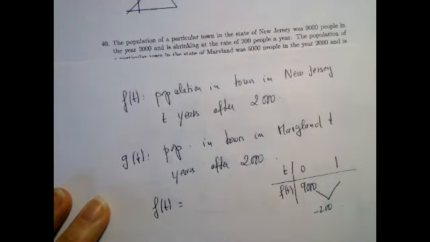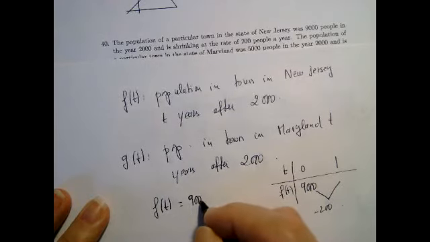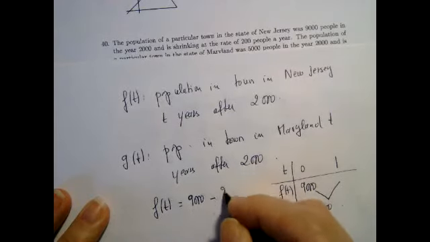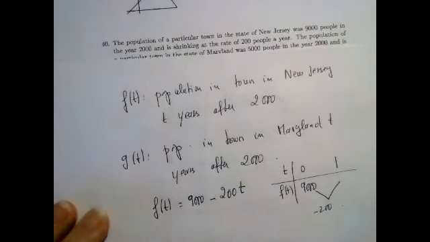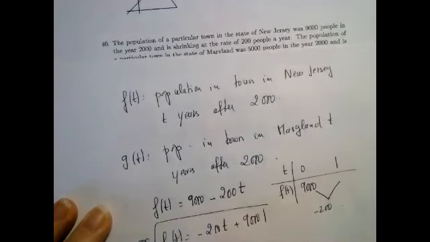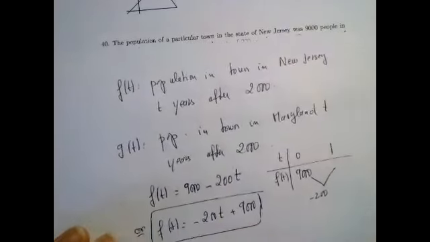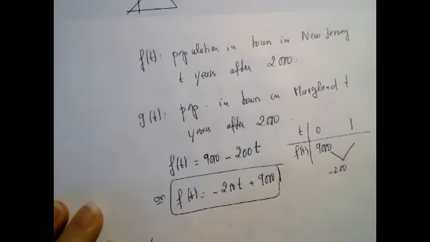It's going to be initial minus 200 t. Makes perfect sense. Or if you like to write it in the form mt plus b, it's minus 200 t plus 9,000. What's a constant rate? 200 every year. So this is f.